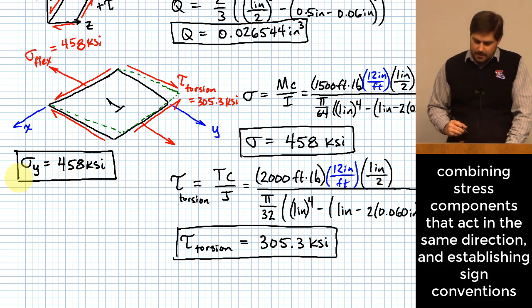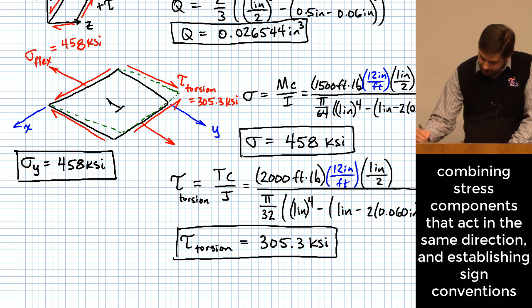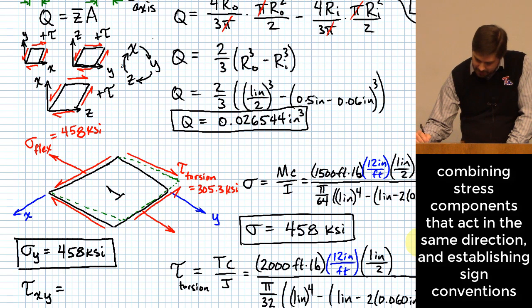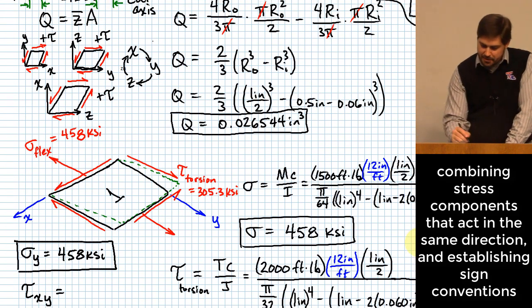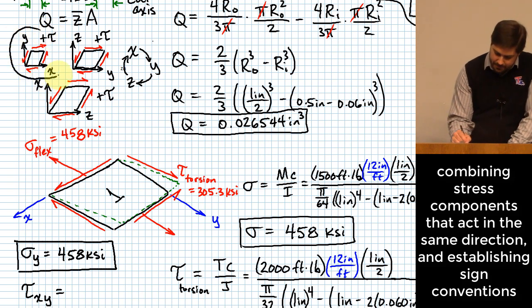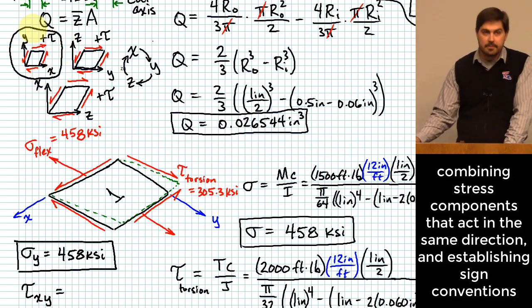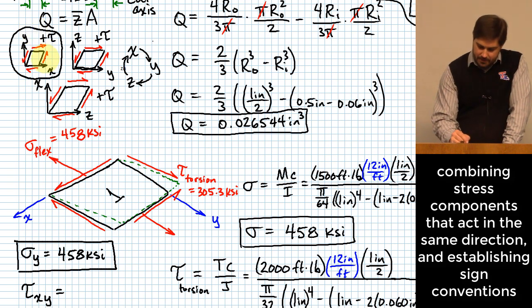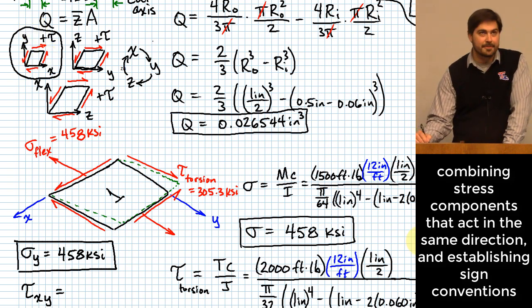Okay. Now what about my shearing component? Question is, does it match the direction I said was positive, or is it opposite? Okay, it is opposite of the direction I submitted to you that was positive, right?